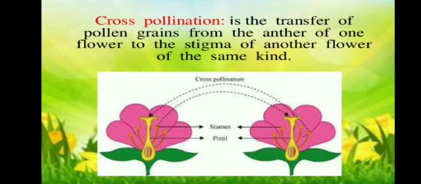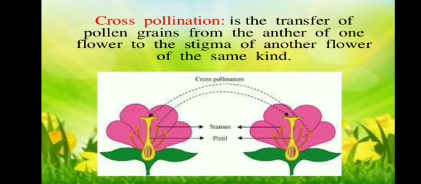Cross-pollination is the transfer of pollen grains from a flower of one plant to the flower of another plant. So, it doesn't take place in one plant itself, it takes place between two plants but of the same kind. For example, cross-pollination takes place between two hibiscus flowers, that is, two hibiscus plants.